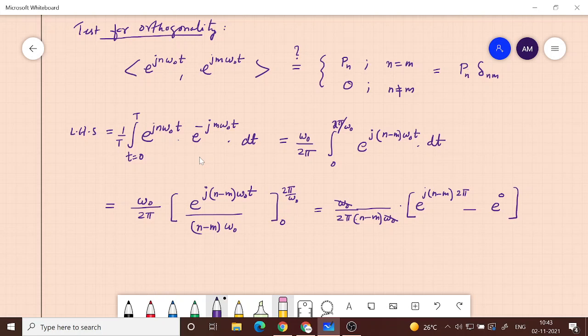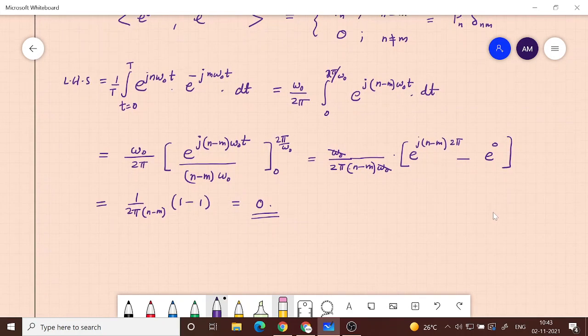So this is 1 minus 1. So this is 1 by 2 pi into n minus m, into 1 minus 1. This is 0. Clear?